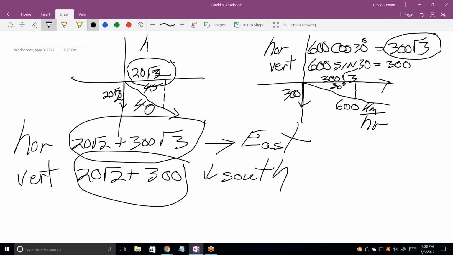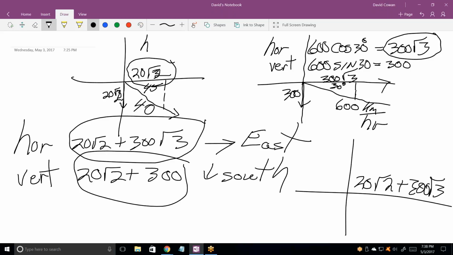In other words, if I draw a picture and my plane is going 20 root 2 plus 300 root 3 in that direction, and it's going 20 root 2 plus 300 in the southerly direction, how do I figure out the true angle that it's going?